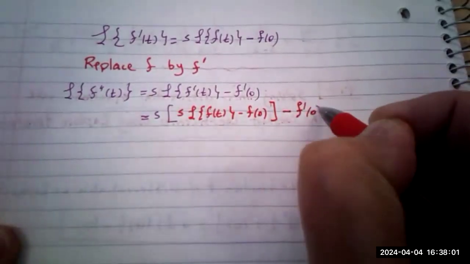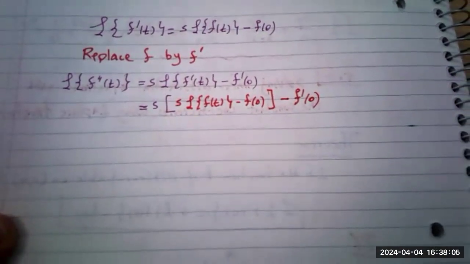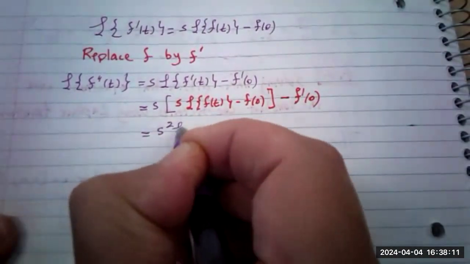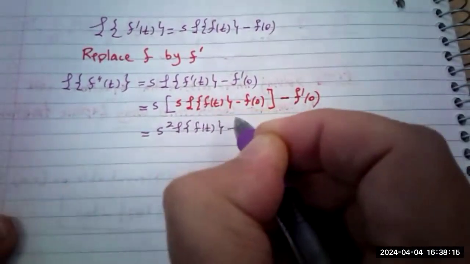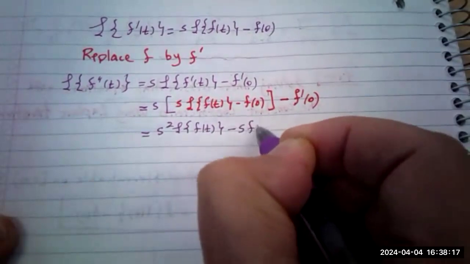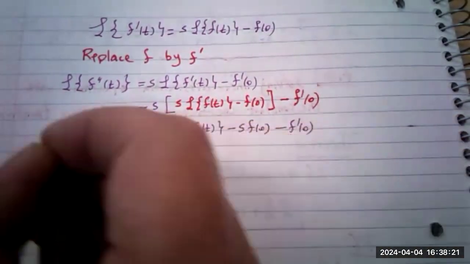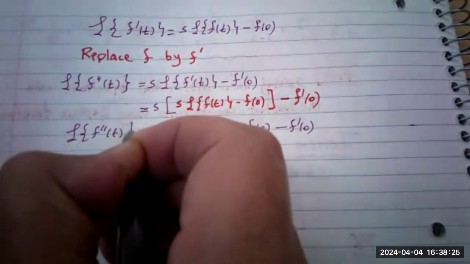So if you distribute it, that gives you a form where you can guess what's going to be the format in general. That gives you s squared times the Laplace of f of t, minus s times f of 0, minus f prime of 0. See, that would be the formula for the Laplace of f double prime.